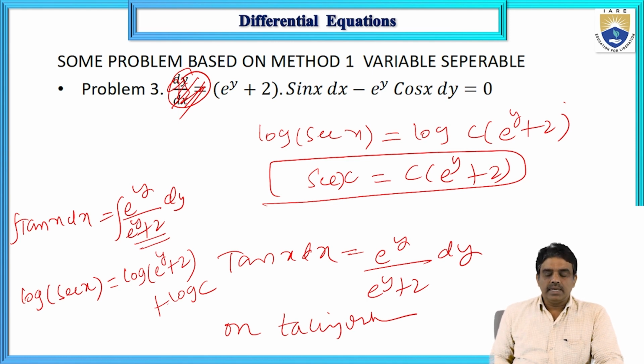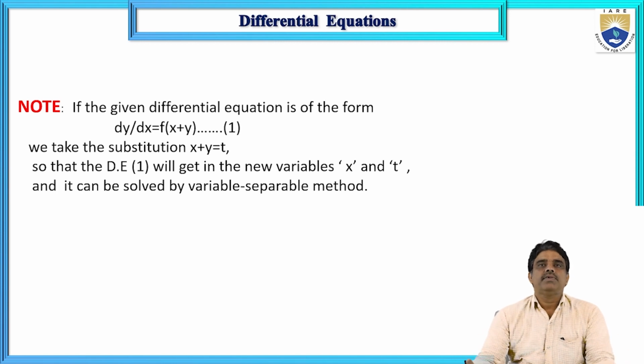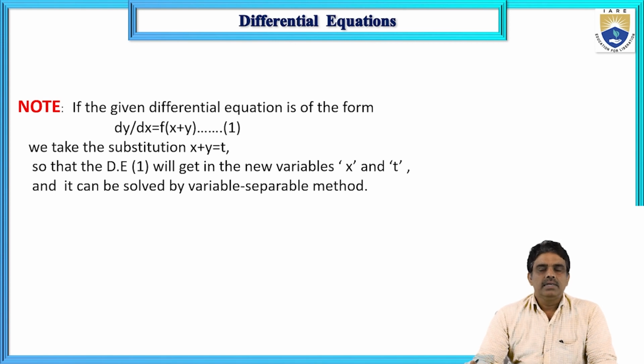How can I explain this with the method? Suppose the given differential equation is of the form dy by dx is equal to f of x plus y. If the right hand side is a function of x plus y, then it is not possible to separate the variables. Then what to do? How to reduce this into variable separable form?